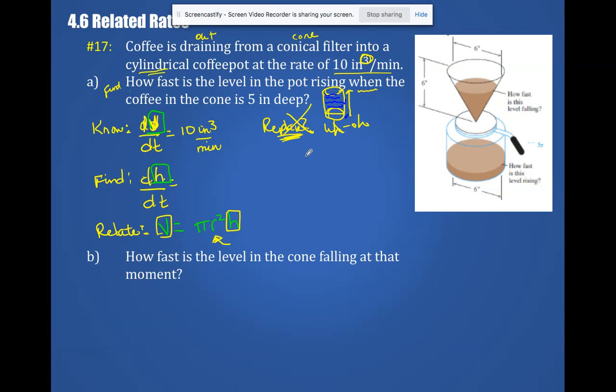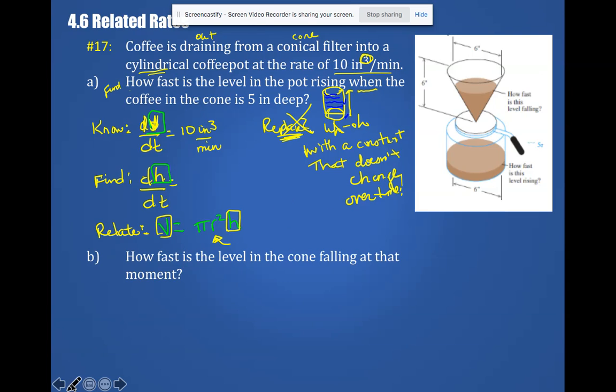But I'm allowed to replace with a constant that doesn't change over time. In a cylinder, the radius doesn't change. What is the radius of the cylinder? 6? No, 3. So I am going to replace R, but not with that angle-angle similarity nonsense.